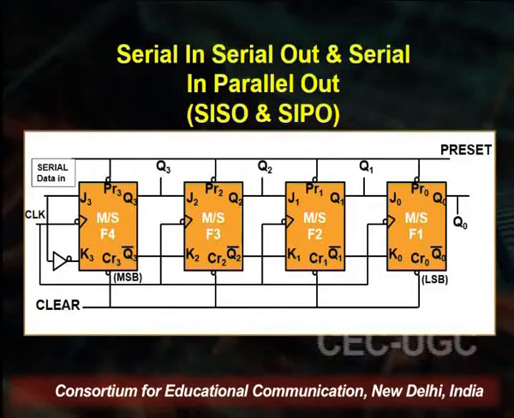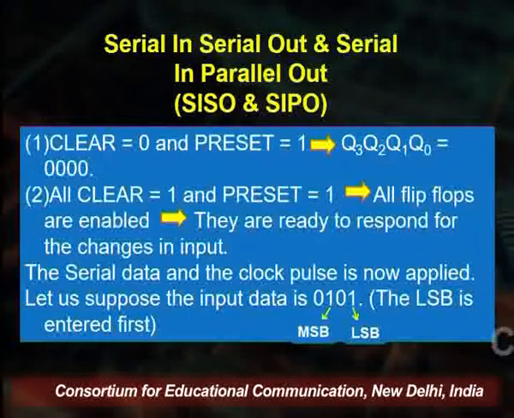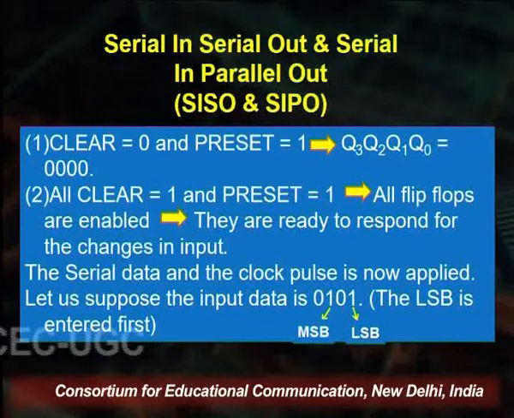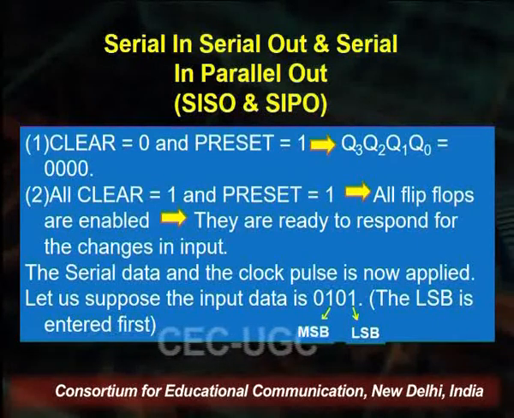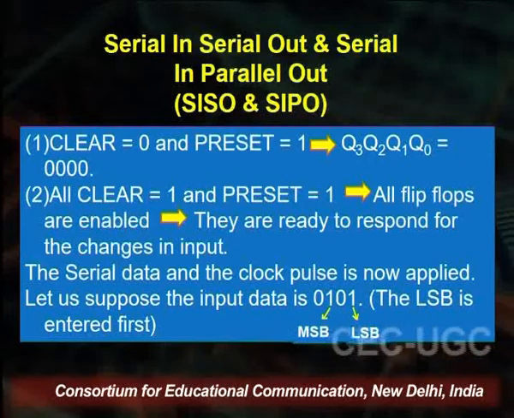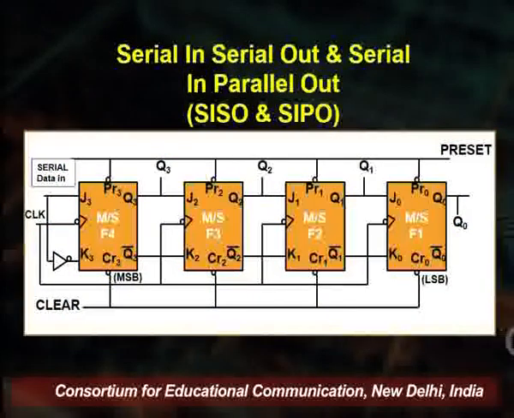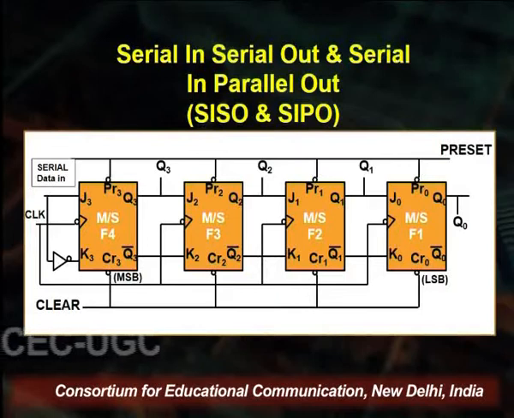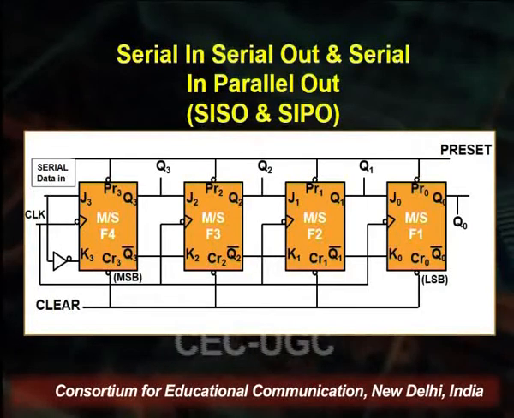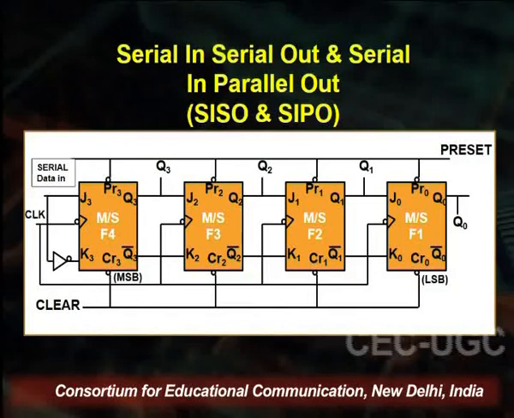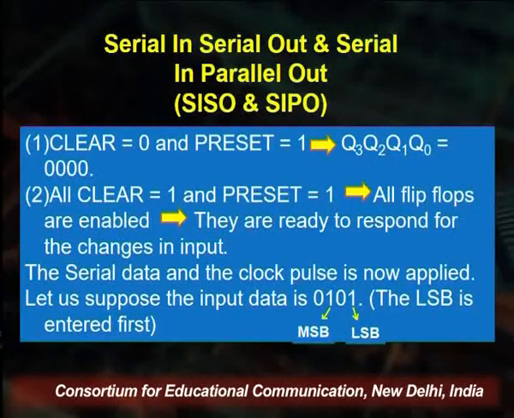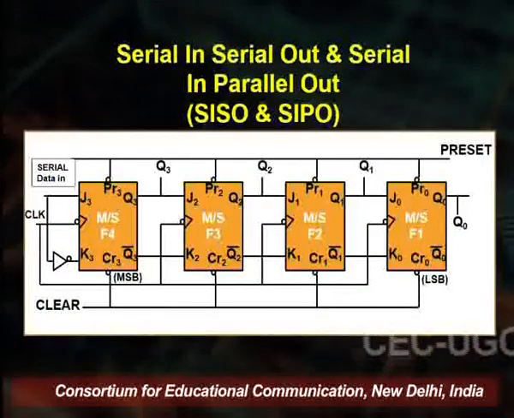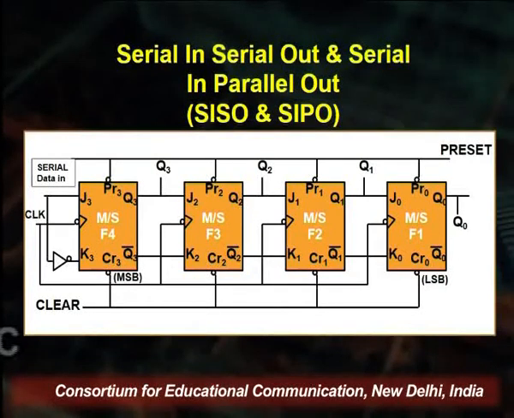So initially what we will do is keep the clear as 0 and preset equal to 1. Looking at the circuit, we find that the outputs of all the flip-flops, that is Q3, Q2, Q1 and Q0, come out to be 0, 0, 0, 0. That is because we have kept the preset equal to 1, and also we see a bubble in front of the presets of all the flip-flops.